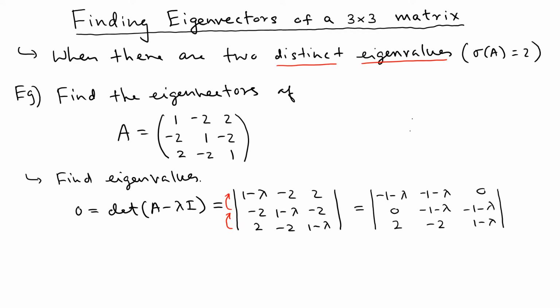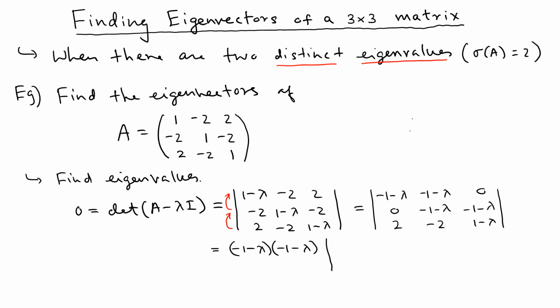The benefit is that the first row and the second row each have a common factor, so you can pull it out: -1 minus lambda from the first row, and again -1 minus lambda from the second row.